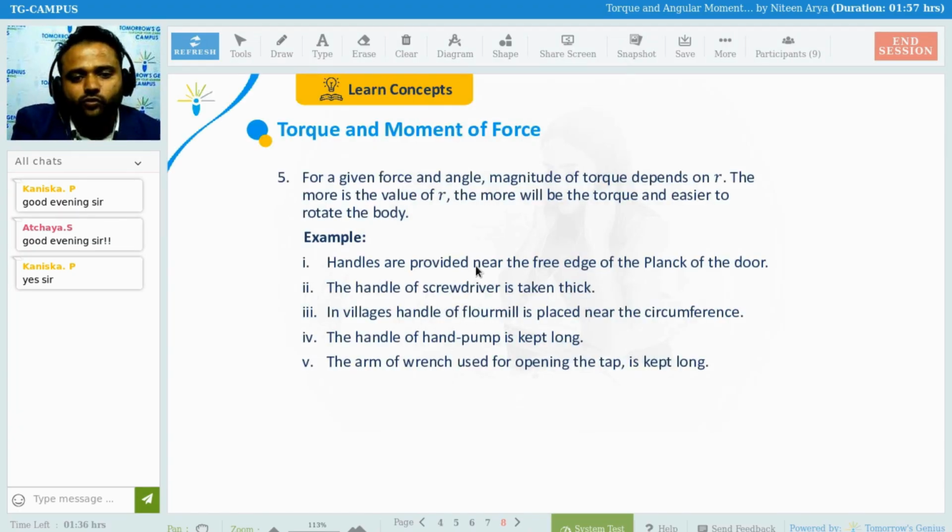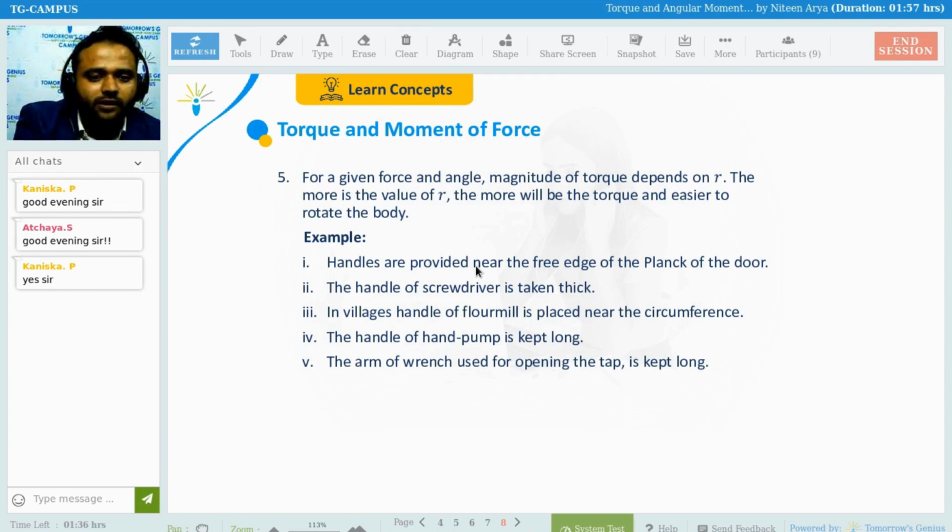The next thing: for a given force and angle, the magnitude of torque depends on r. The more the value of r, the more the torque and the easier it is to rotate the body. You can understand that from the example of a door. Why do we have the door handles exactly far away from the axis?